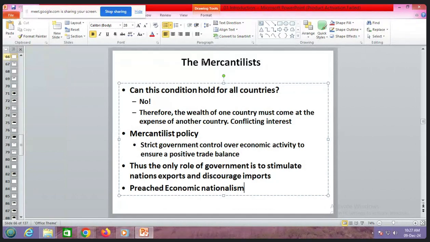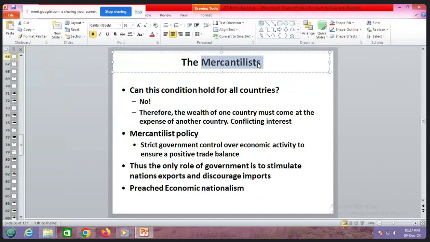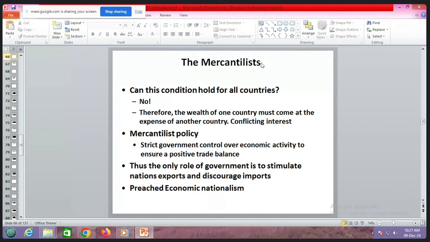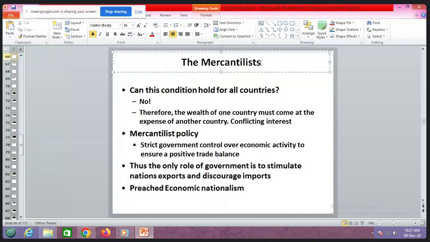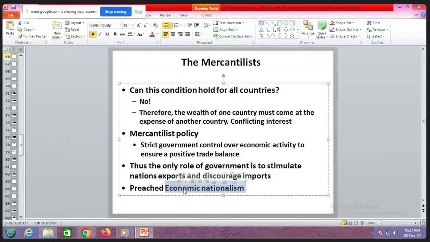So this theory, mercantilism, which was valid way back in the 17th century, has got a rebirth in many countries of the world, which we call neo-mercantilism. This theory of economic nationalism, where we are saying that the role of government is to discourage imports and promote exports, has come in a new avatar in many of these countries.